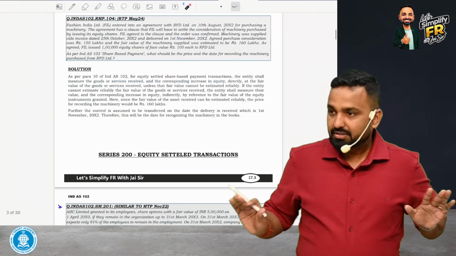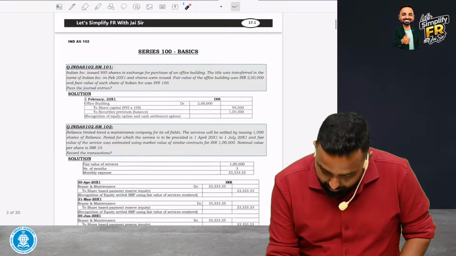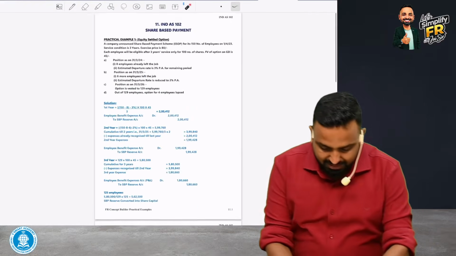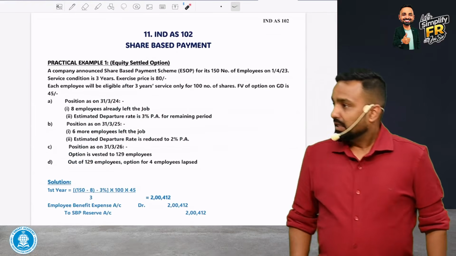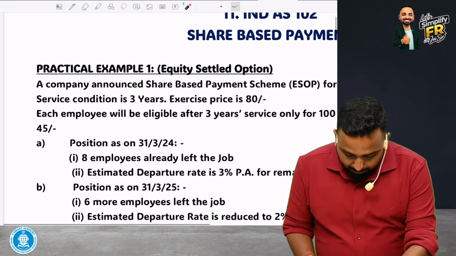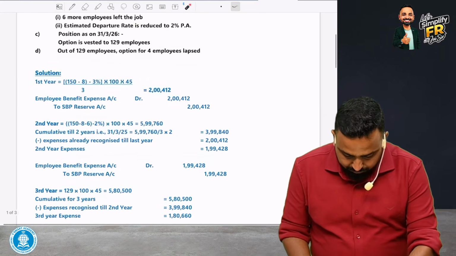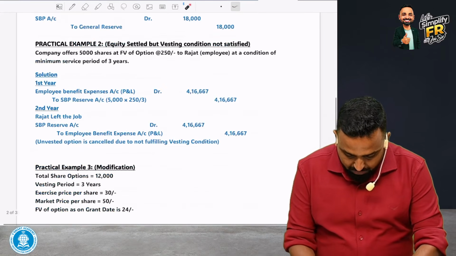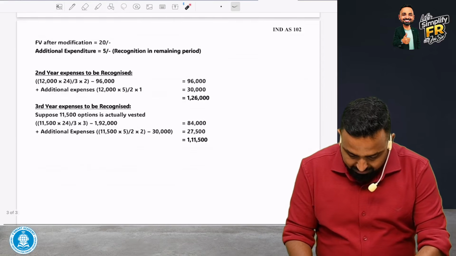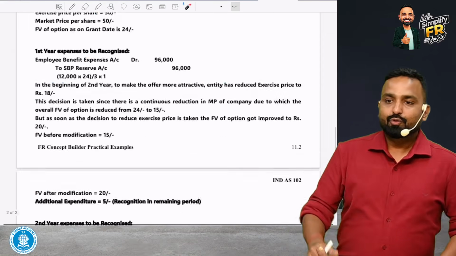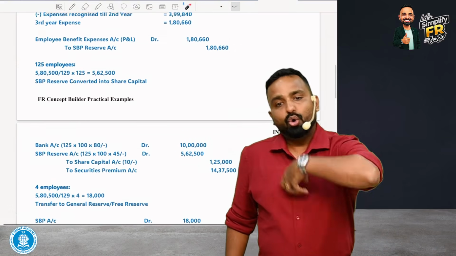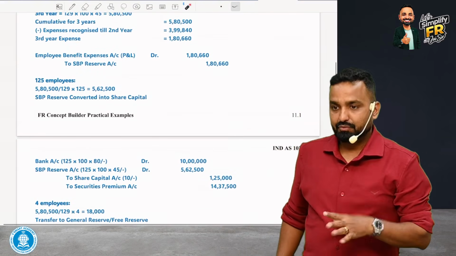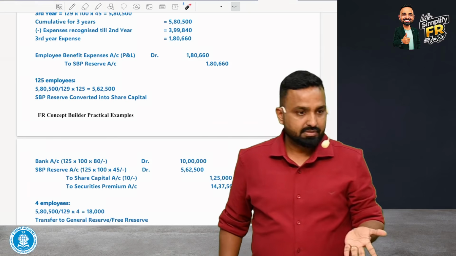Okay guys, have you understood this now? Now coming to the example book. This is the example book. Like in Ind AS 102, practical example 1 and its solution, example 2, example 3, and that's it. This is my own created example which I will use in the class.